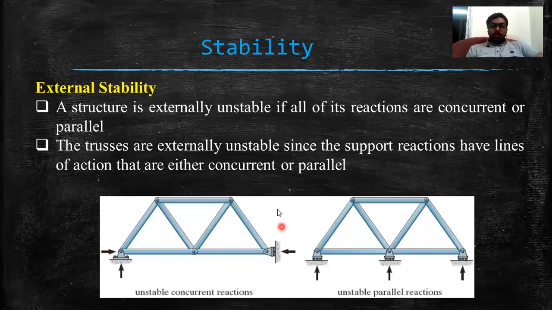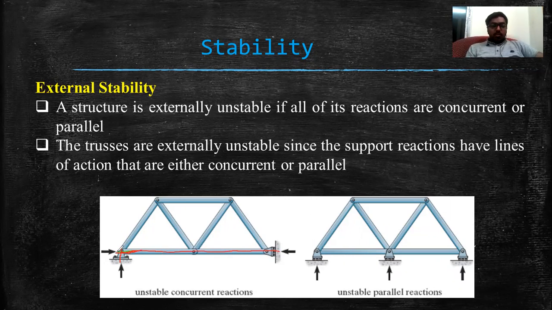Now, what is the first point saying? That if all the reactions are concurrent, concurrent means they pass through one single point. You can see in this figure, this particular force is going through this line, this particular force is going through this line, this particular force is going through this line, and this one is also going through this line.